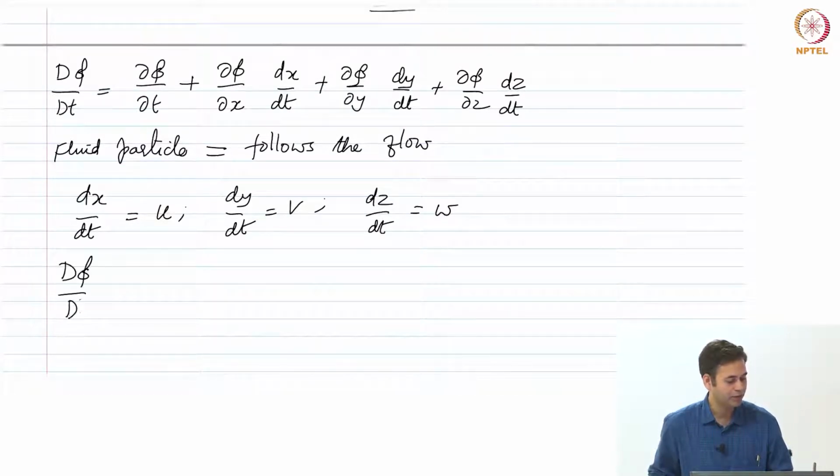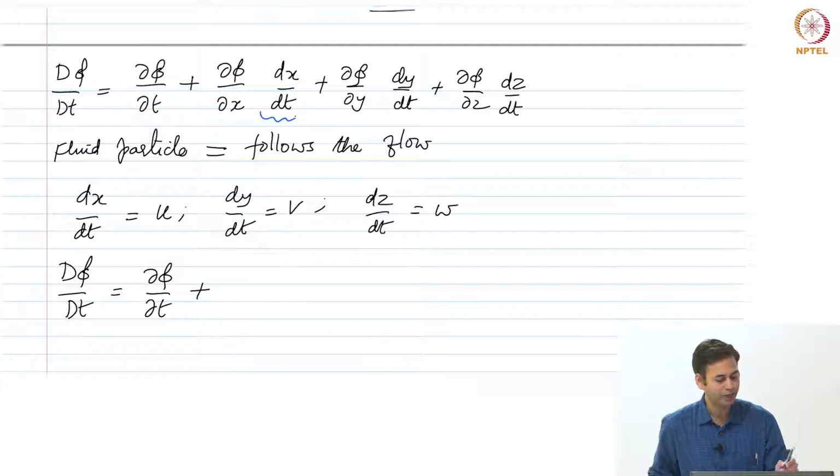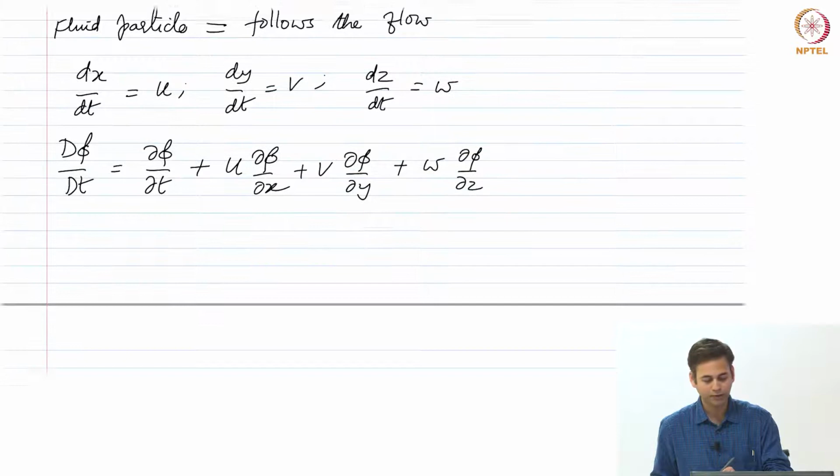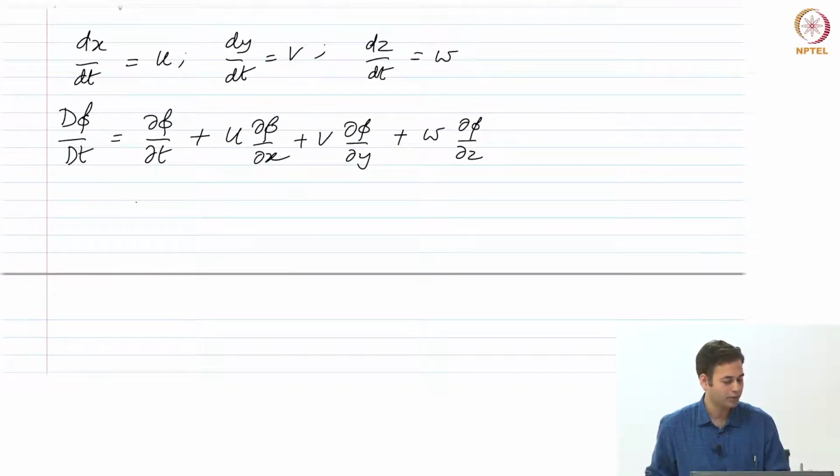So we get D phi Dt equals partial phi partial t plus, for dx dt we have u, for dy dt we have v, and for dz dt we have w. Plugging in these three quantities, that will be u partial phi partial x plus v partial phi partial y plus w partial phi partial z. We can write this in a compact notation using nabla.